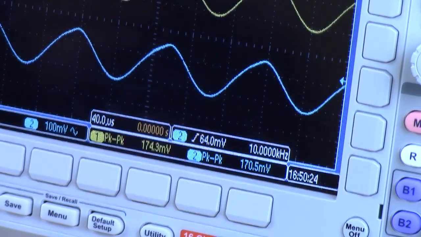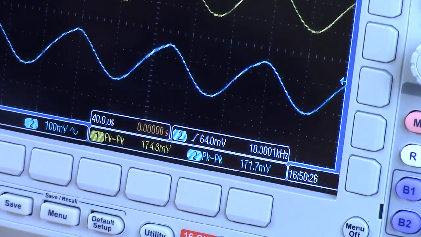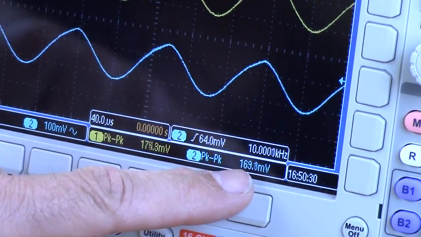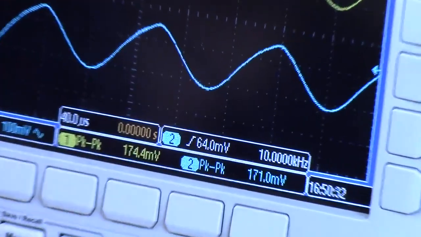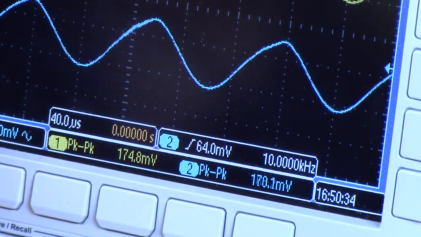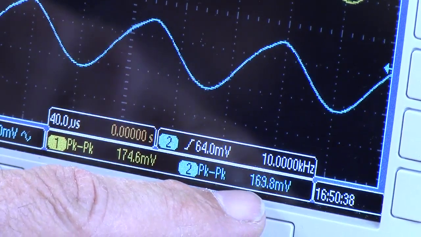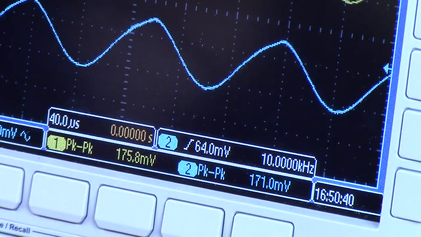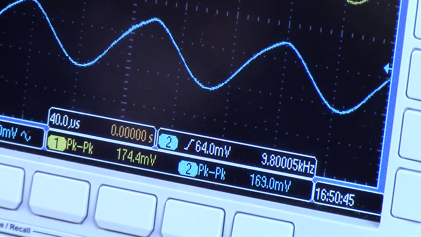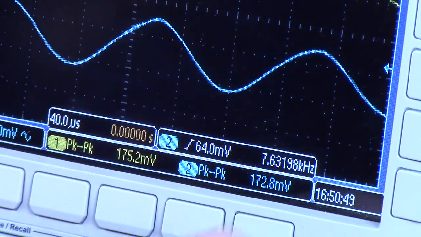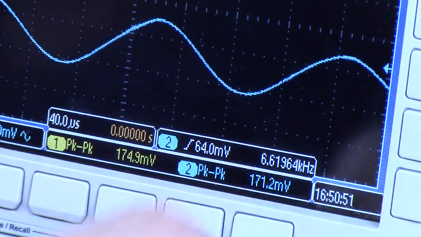So we're going to turn this frequency down until the bottom waveform reads 123 millivolts. So we're going back to frequency. We're going to start to bring it down, and keep an eye on this blue number over here. We're trying to get that to 123.